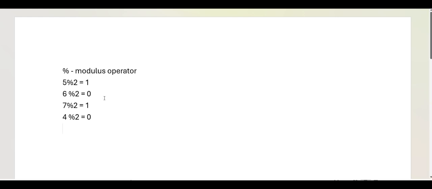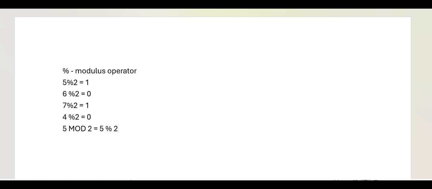Okay, so instead of using the percentage symbol as the modulus operator, we could also say something like 5 mod 2, and it will be the same thing as saying 5 modulus 2.